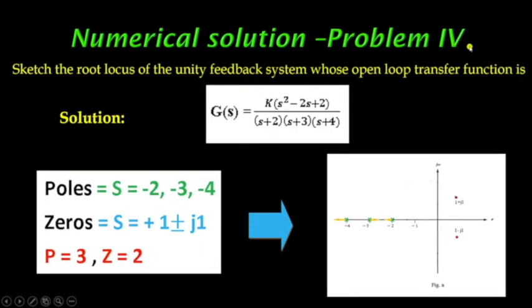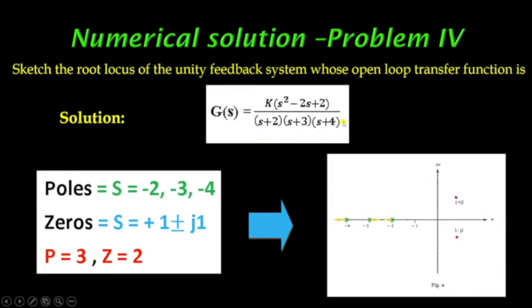Numerical problem 4. Consider the root locus of a unity feedback system whose open loop transfer function is G(s) equals k into (s squared minus 2s plus 2) divided by (s plus 2) into (s plus 3) into (s plus 4).